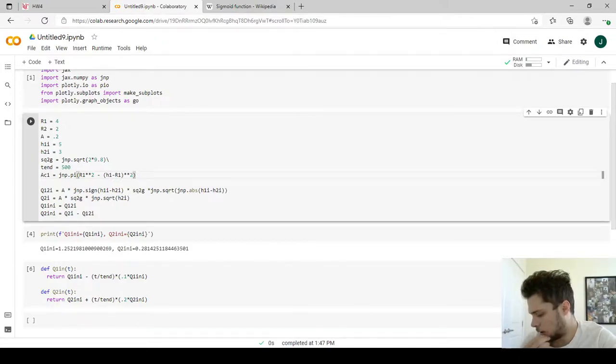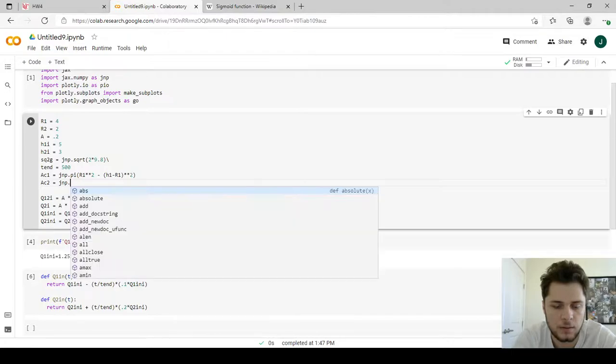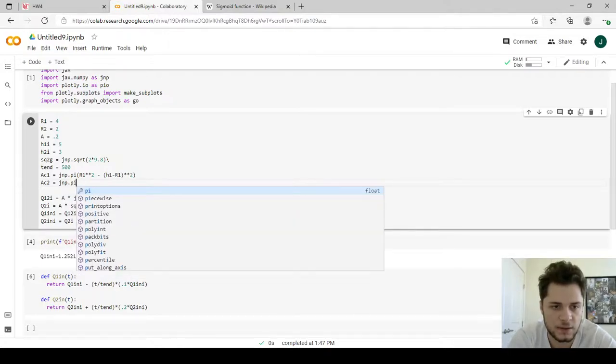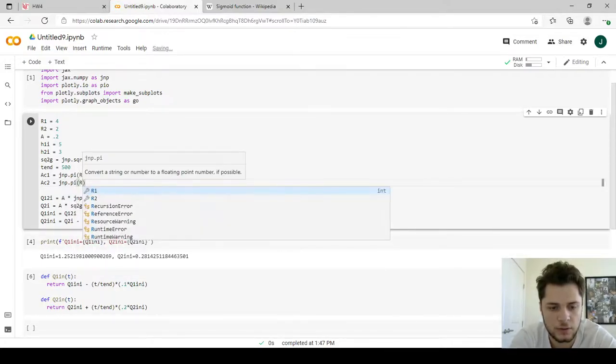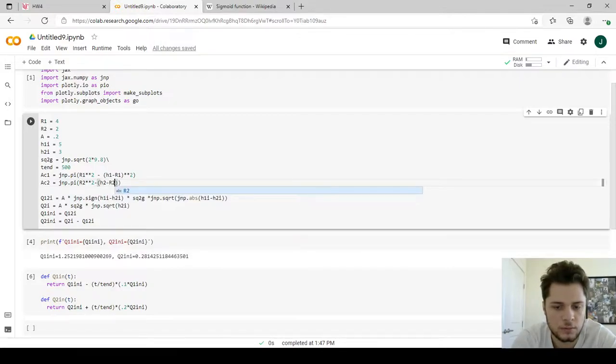Right? Yeah. So, and then the cross-sectional area of tank 2 will be equal to the same thing, but with the radius of tank 2 and the height of tank 2. So R2 squared minus H2 minus R2 squared.